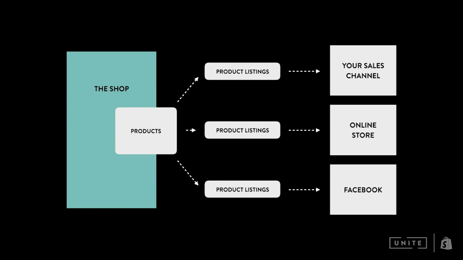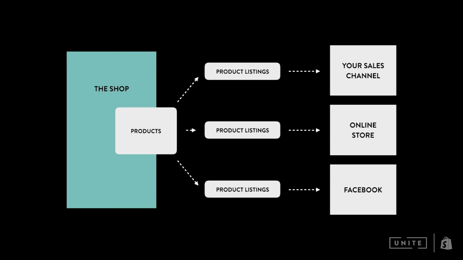So this is an overview of product listings and collection listings. There's a lot more detail in the documentation. But the main message that I want you to leave with is that the core models that we're exposing with these APIs are really the most fundamental models within our platform.